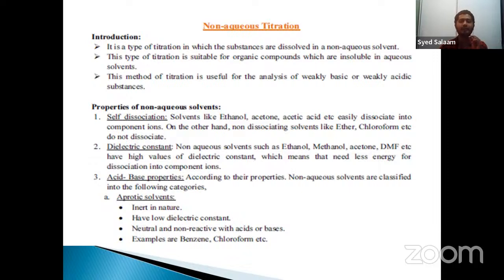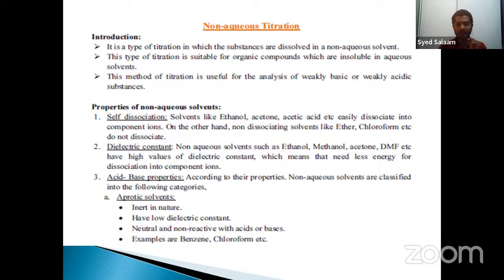This titration is suitable for a vast variety of organic compounds which are insoluble in aqueous solvents. This method is useful for analysis of weakly basic or weakly acidic substances.